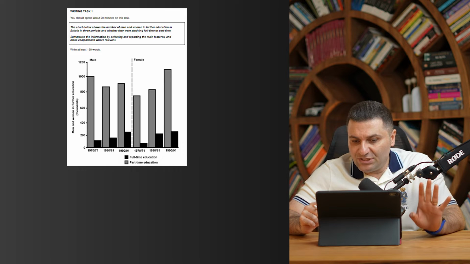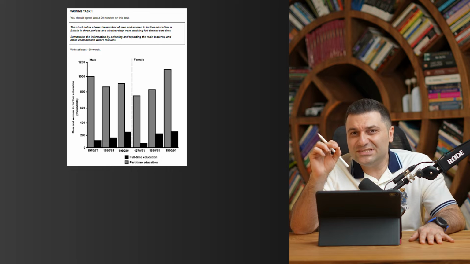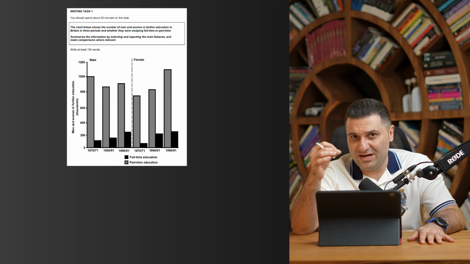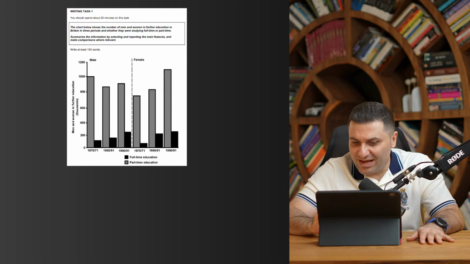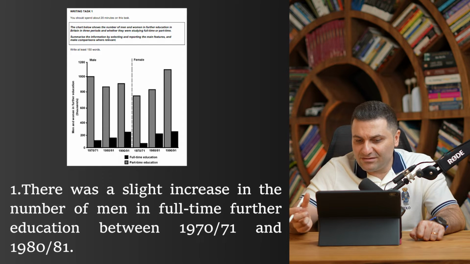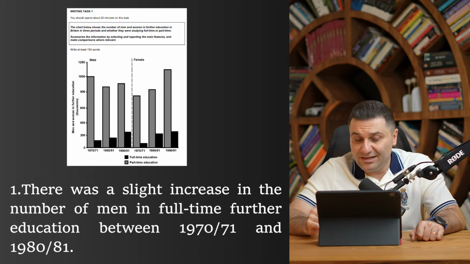All right. So as you can see, between 1970-71 and 1980-81, the number of men in full-time further education had an increase, but that was a slight increase. That was not too much. So we can make a sentence like this: there was a slight increase in the number of men in full-time further education between 1970-71 and 1980-81.